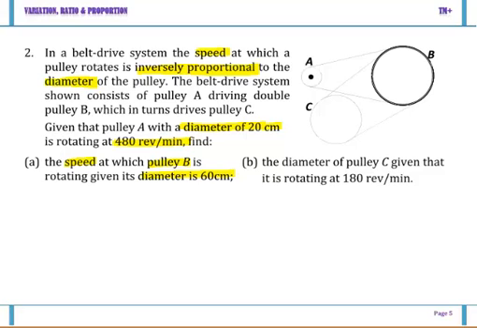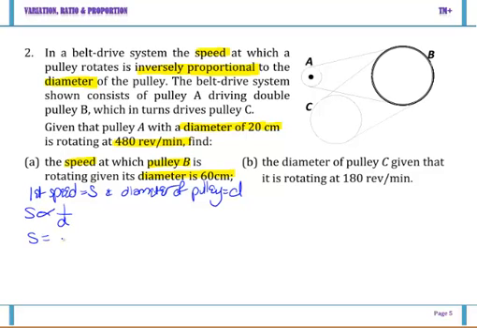Sounds confusing, but let's start at the beginning. Let speed equal s and diameter of pulley equal d. It starts by saying the speed at which the pulley rotates is inversely proportional to the diameter. So s is proportional to 1 over d, which means s equals k over d.